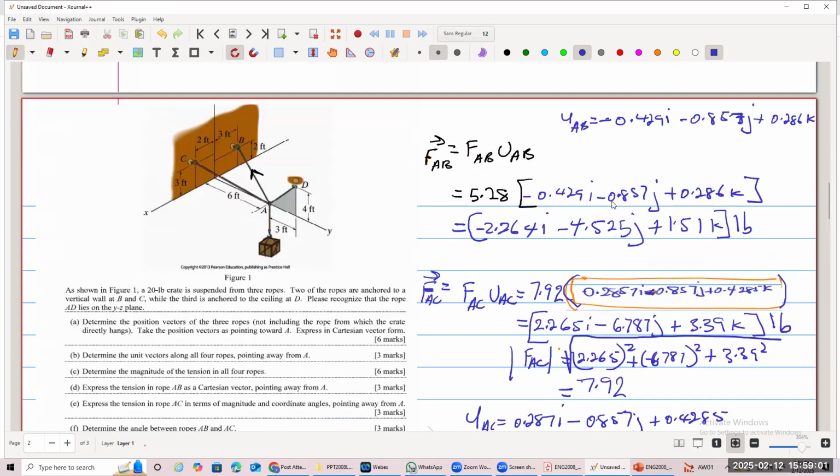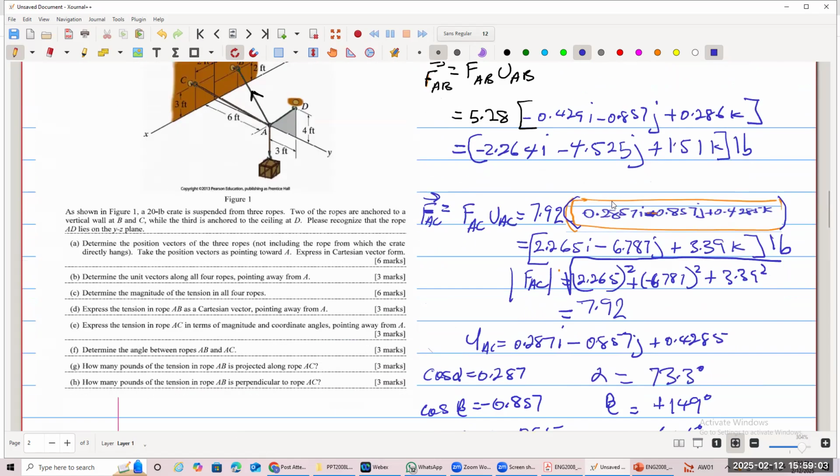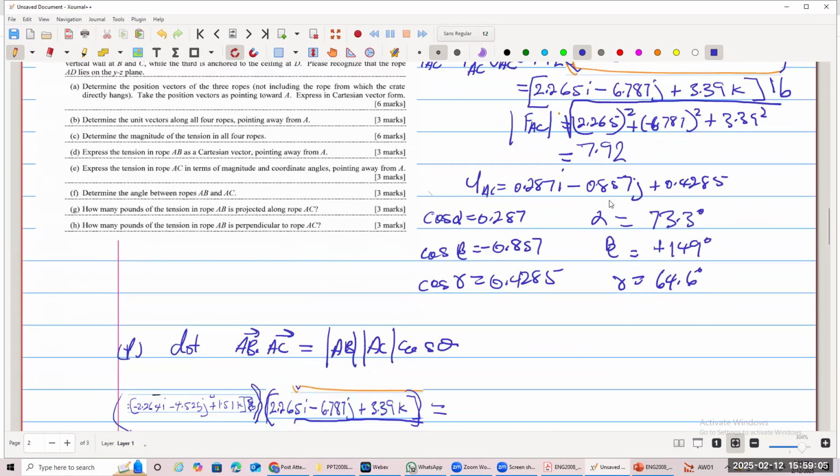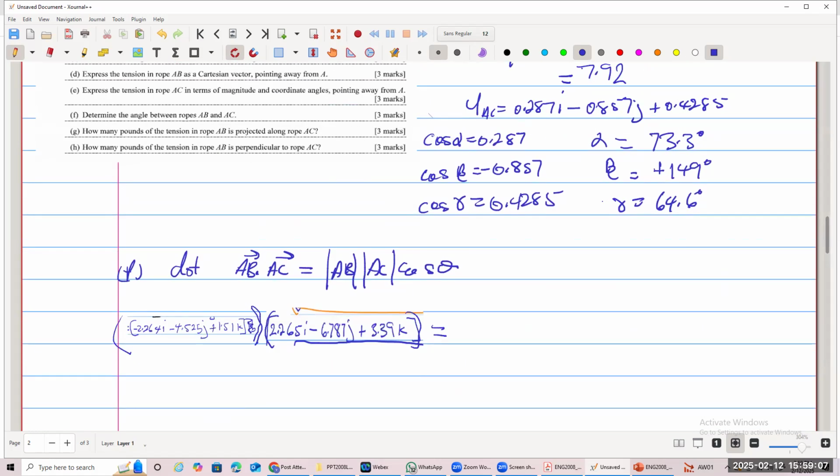The modulus of AB, we know it is 5.28, right? So let's write it down, 5.28. And we have the modulus of AC, which we know already is 7.92, right? Because we know those times the cosine of the angle between them.